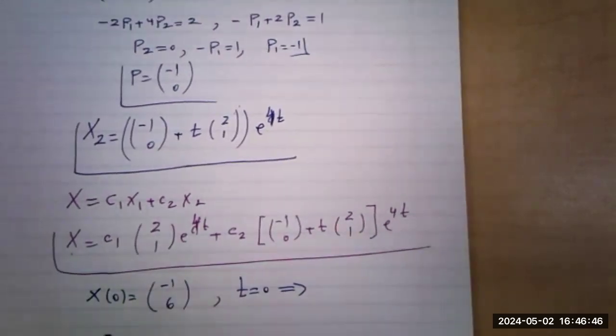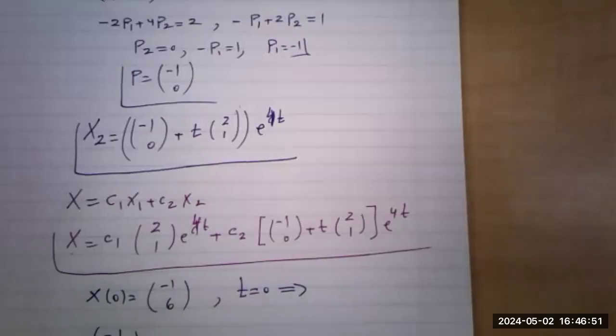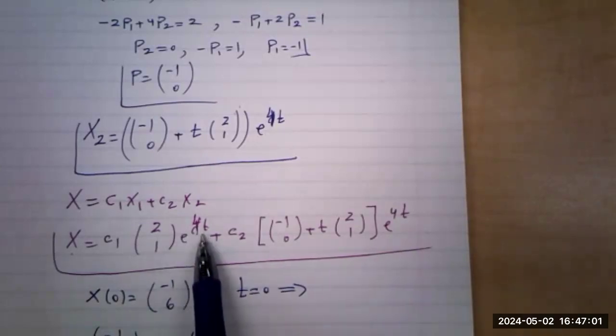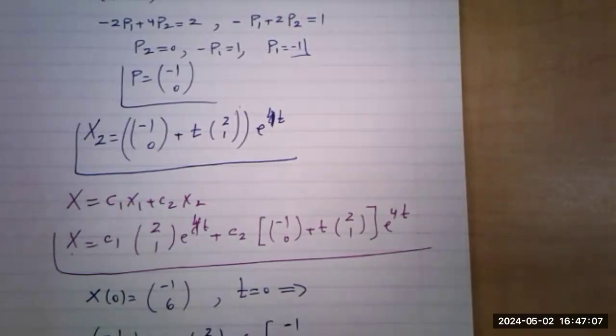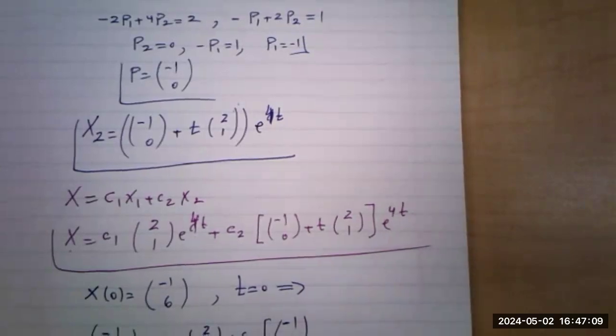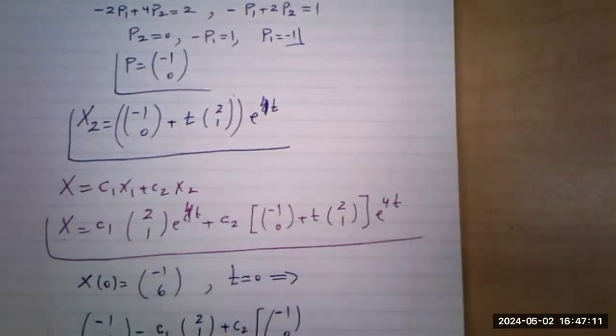So you start with (negative 1, 6) equal to, putting 0 for t, C1 times (2, 1), since replacing t by 0 gives 1, plus C2 times (negative 1, 0), where replacing t by 0 makes the t-term disappear.